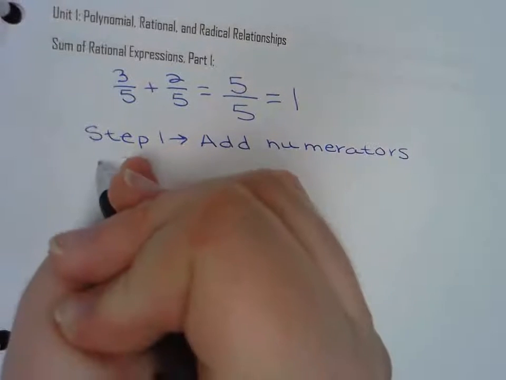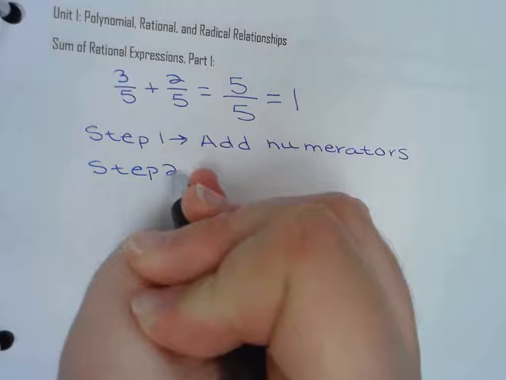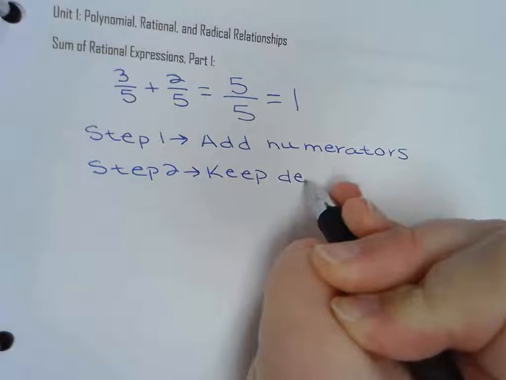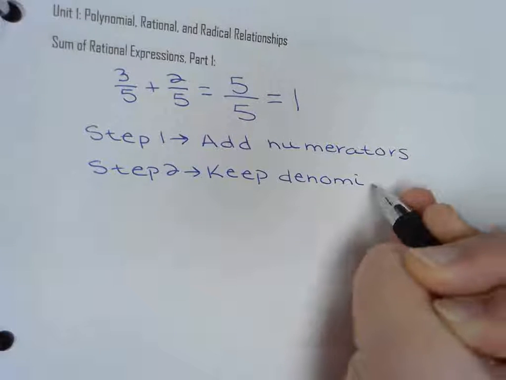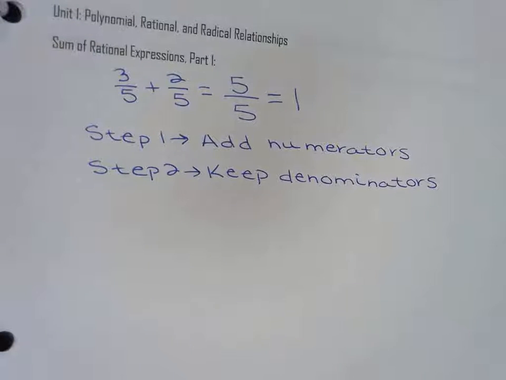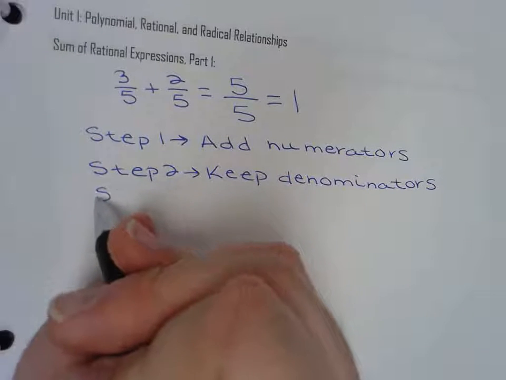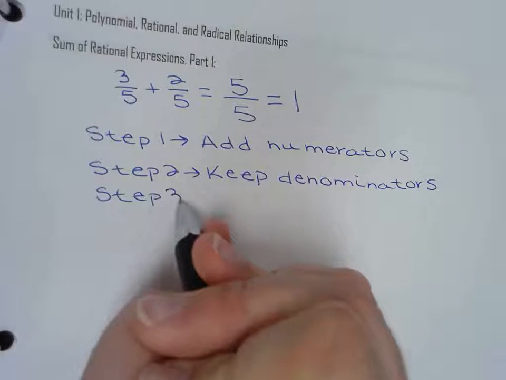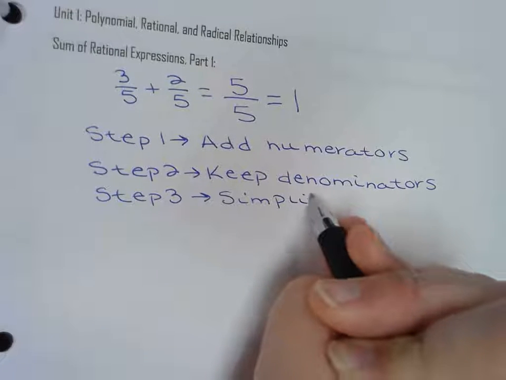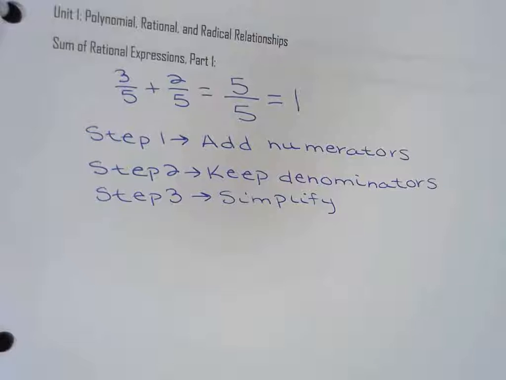Step 2, keep the denominator. So it's the same process as when you have done fractions. You probably haven't done them for a little while, but it's the same process. If it's common denominators, you add the numerators, keep the denominator, and then simplify if you need to. You may not need to simplify, but we'll look at a couple and see what it looks like. Simplify, maybe, depending on what it looks like. Okay? So the process is the same as a normal fraction, except I'm just throwing in variables.